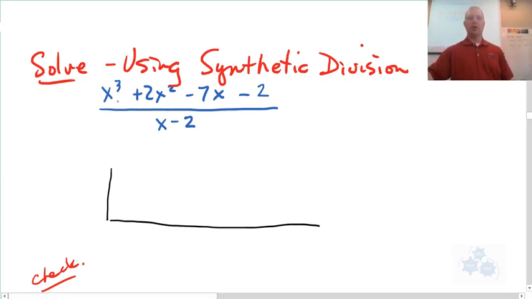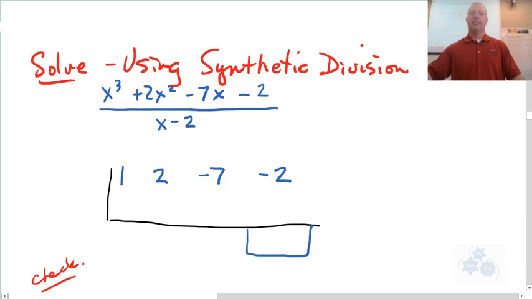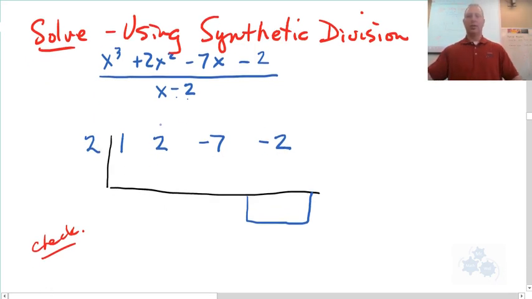To set this up, we do the elongated L, and we write down the coefficients in descending order up on top here. I'm going to put my little box underneath the last number to show that that's going to be my remainder. A is positive 2. So let's go through this example.